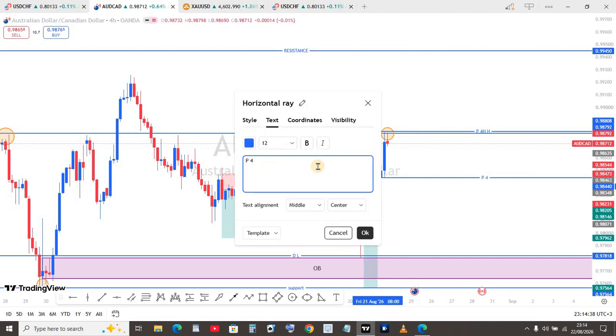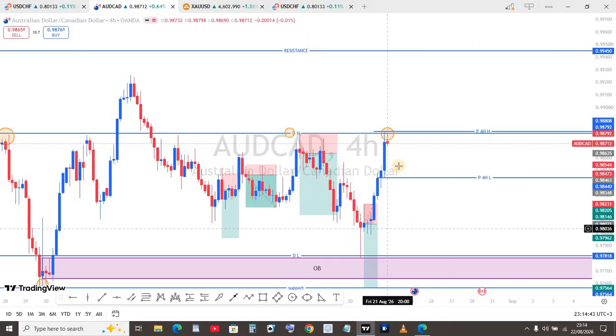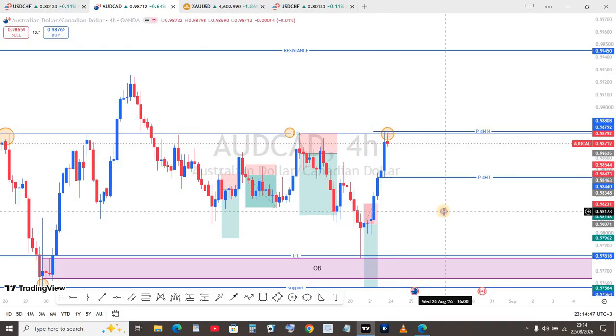Previous 4 hour low. So this is our previous candlestick 4 hour low and high. Okay, so our anticipation is to take a selling position.